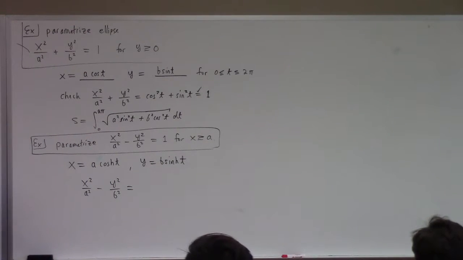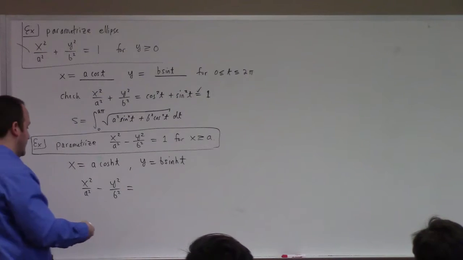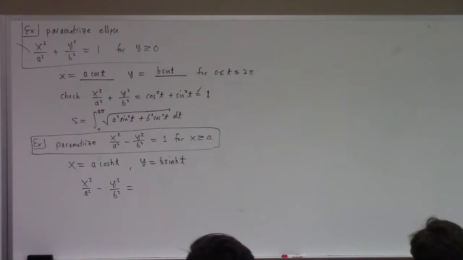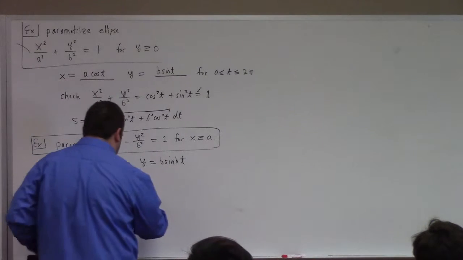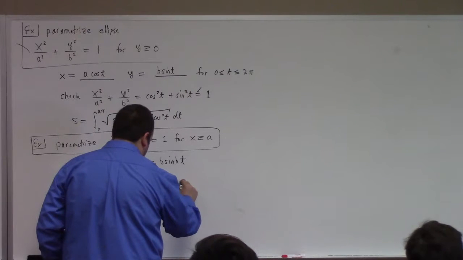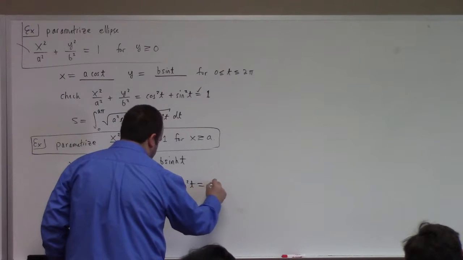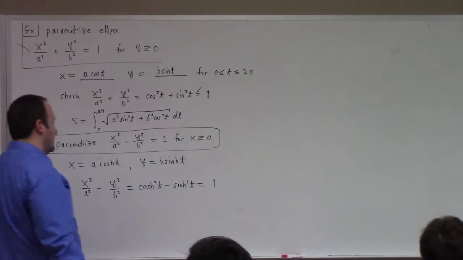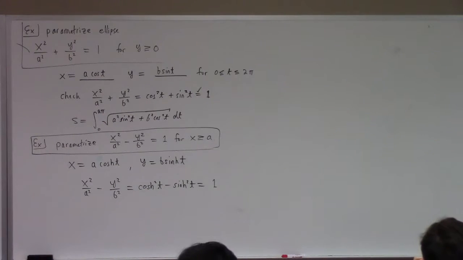The a's cancel, right? We get a squared cosh squared divided by a squared, and b squared sinh squared divided by b squared. The a squared and the b squareds cancel, and you've got yourself cosh squared minus sinh squared, otherwise known as 1. So in fact, yes, those parametric formulas do at least fall in that Cartesian equation.